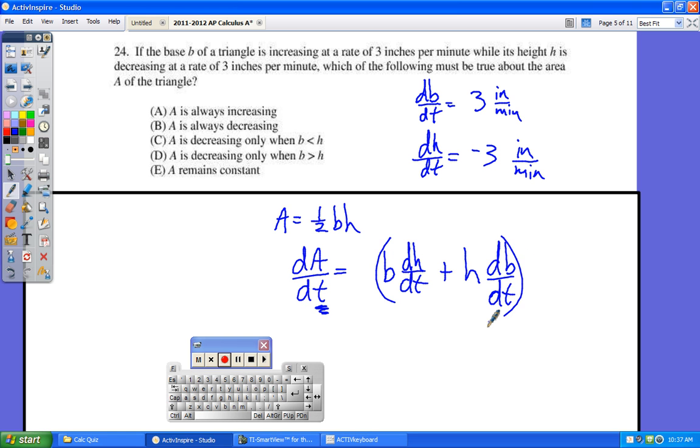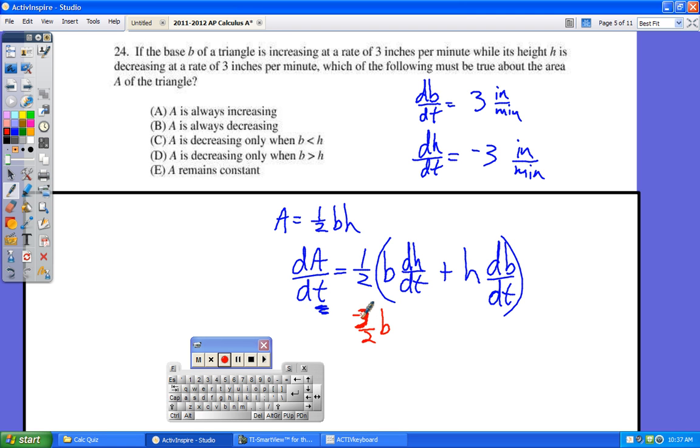Now all this is going to be multiplied back in using the constant multiple rule. I just took the 1/2 out and I'm multiplying it back in. I'll have to multiply it across everything since this created a sum, so the parentheses are important here. Well, we have 1/2 times b times dH/dt, which is negative 3/2 b.